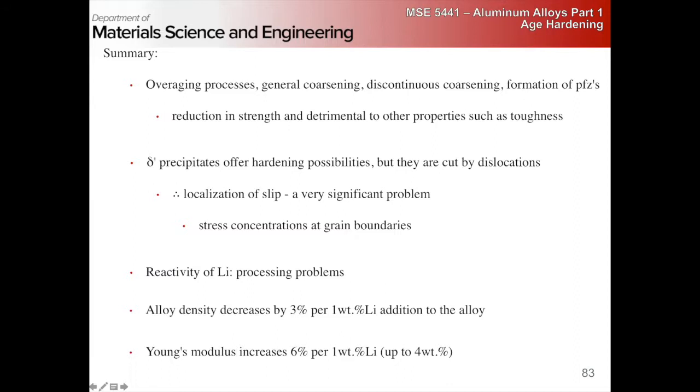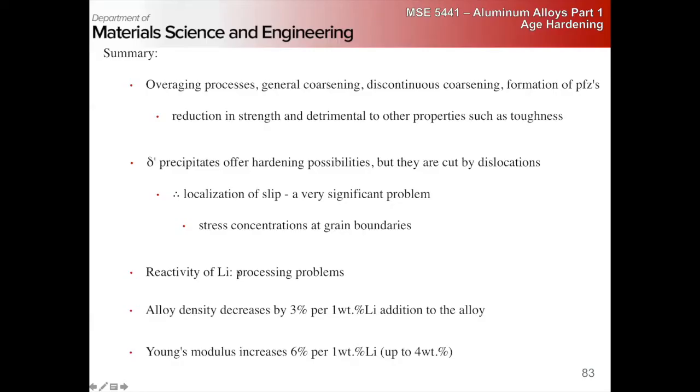Delta prime precipitates offer a lot of hardening, but because they're that ordered structure, we have a nice refined distribution of precipitates, right? Remember how we talked about when you have a coherent structure that's easily cut, we get the localization of slip.